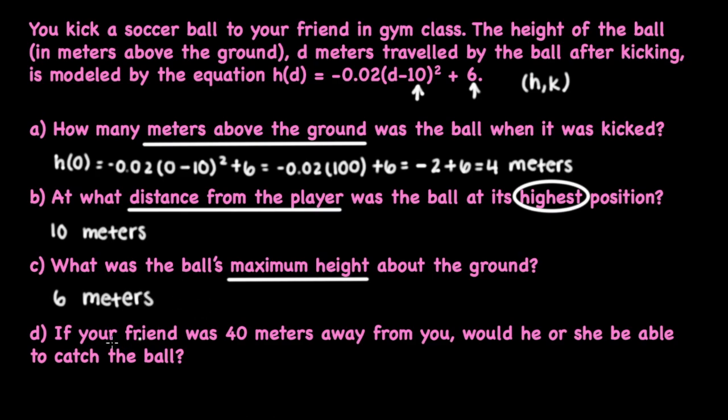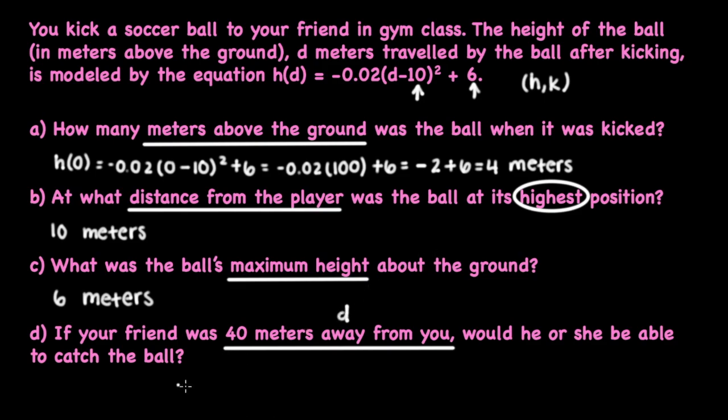Now, last part asks, if your friend was 40 meters away from you, would he or she be able to catch the ball? So this 40 meters away from you is indicating the distance traveled after the ball was kicked, or d.